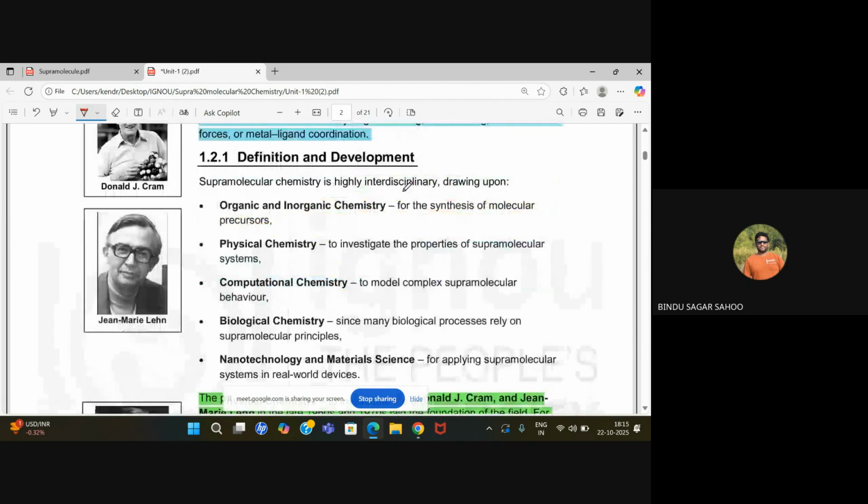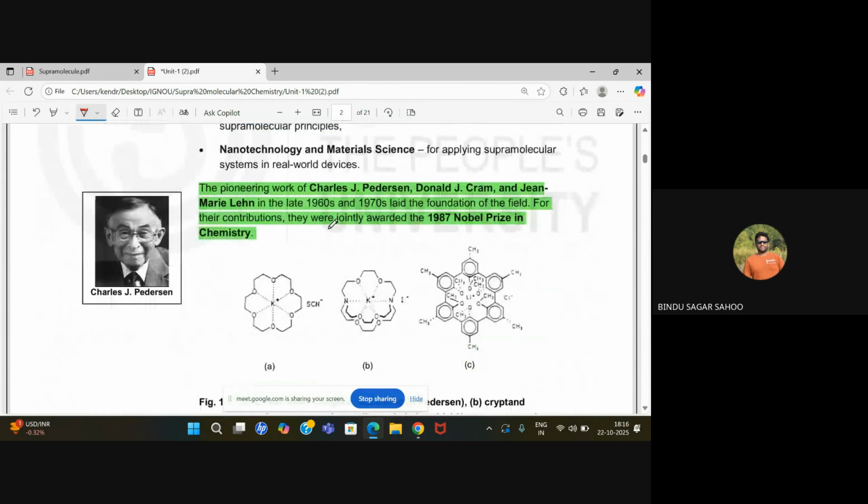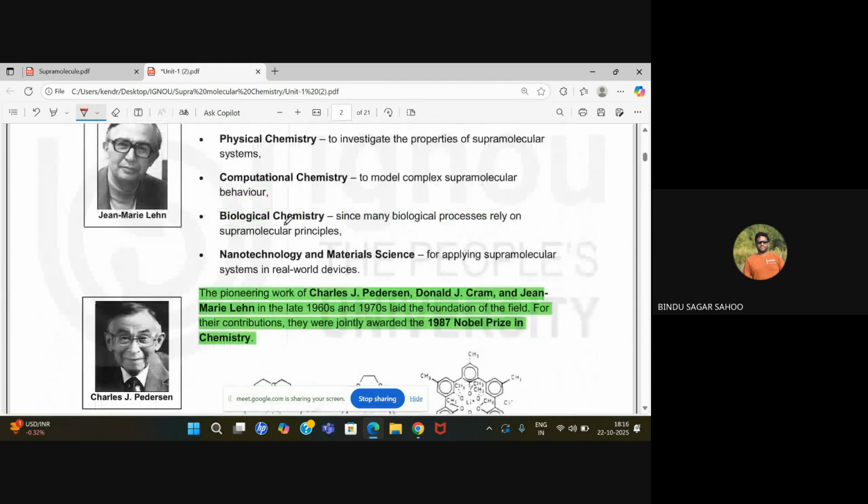It is highly interdisciplinary, linked with different disciplines of chemistry: organic and inorganic chemistry, physical chemistry, computational chemistry, molecular modeling, and biological chemistry. It is also linked with nanotechnology and material science.